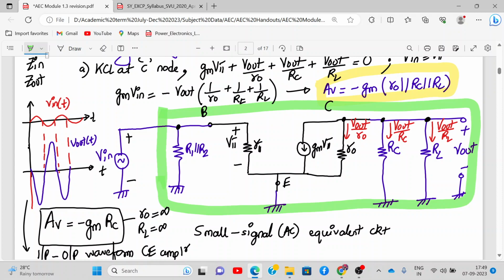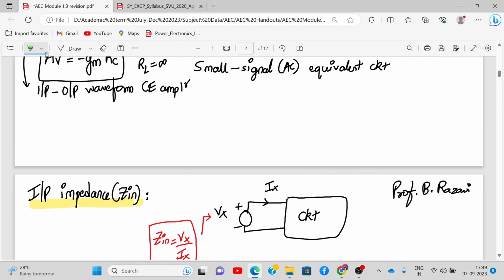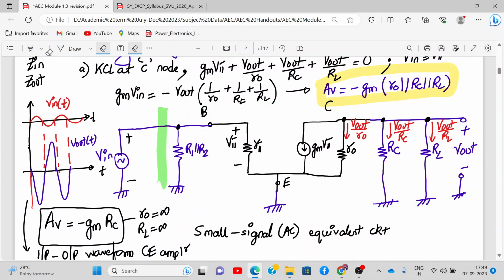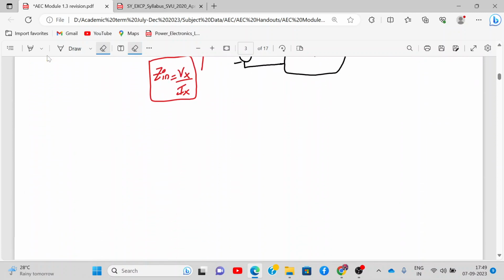Now I want to calculate Vx upon Ix. So this was my circuit, and you can also draw it. I'll apply Vx, and this current will be Ix.